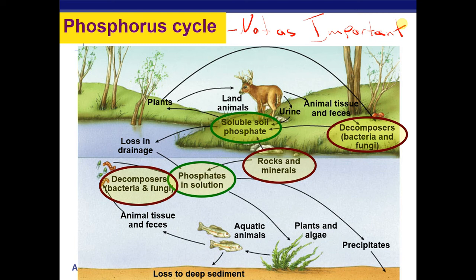Decomposers, like bacteria and fungi, return phosphorus back to the soil and the water when they break down living organisms, and then it can cycle through again. One thing I wanted to point out, and this is true for the nitrogen cycle as well, is this part where it says loss in drainage.